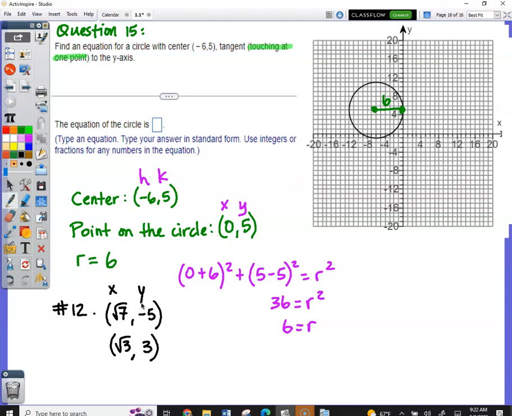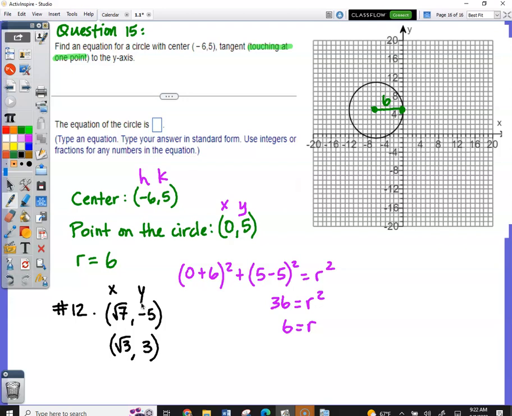They want you to type it in exactly how you see it, which would be a giant fraction, square root 7 plus square root 3, and in the bottom of the fraction would be a 2. It's the midpoint formula, you just can't clean it up.